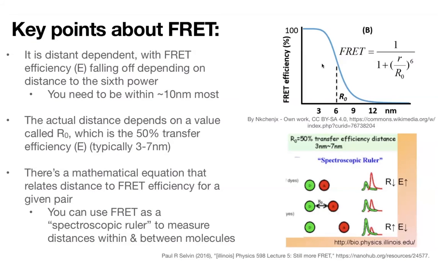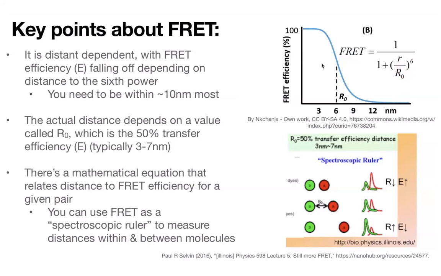So basically, when we think about FRET, one of the most important things is that it is really distance dependent. It scales to 1/r⁶, where r is the distance between the molecules, and r naught is a property of the fluorophore pair.